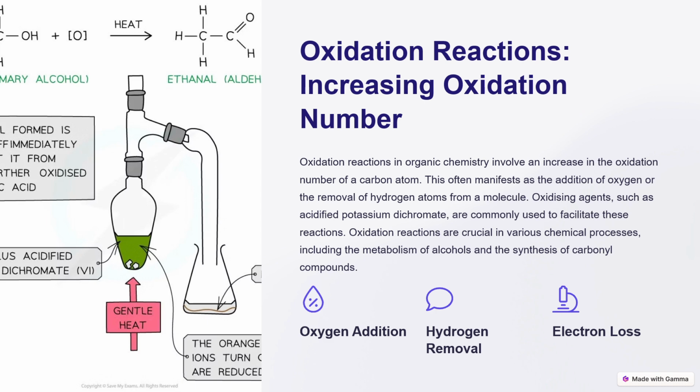Oxidizing agents such as acidified potassium dichromate are commonly used to facilitate this reaction. Oxidation reactions are crucial in various chemical processes involving the metabolism of alcohol and the synthesis of carbon compounds.